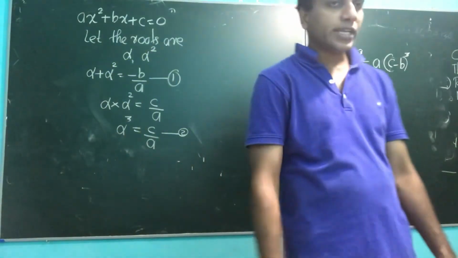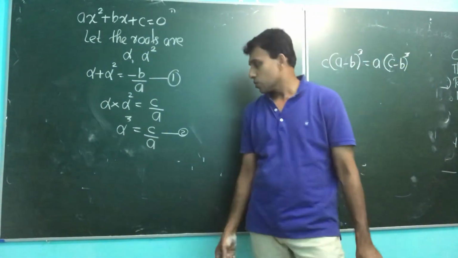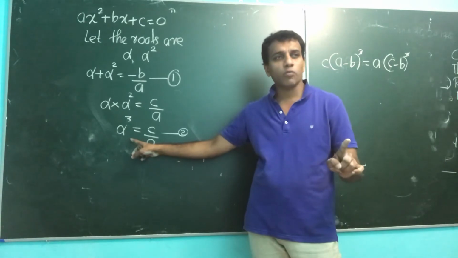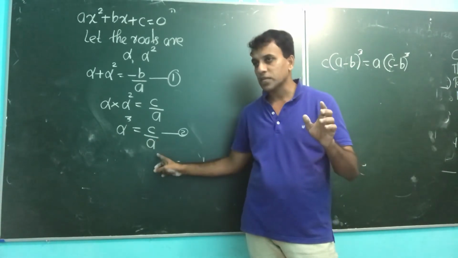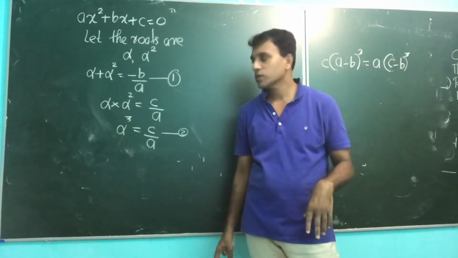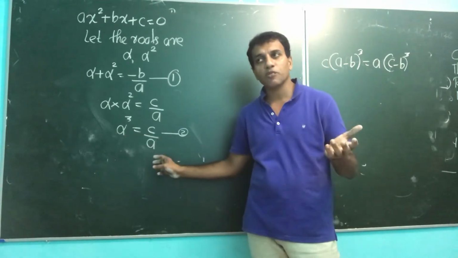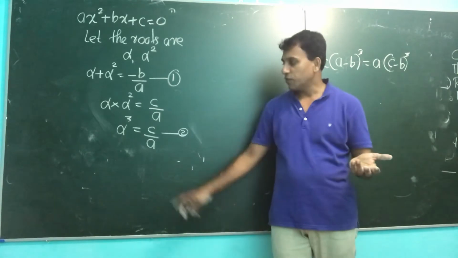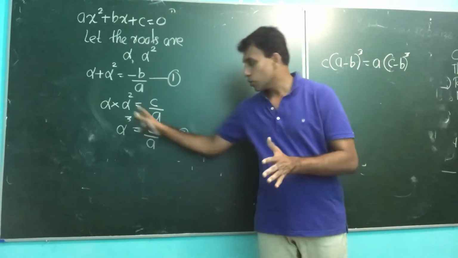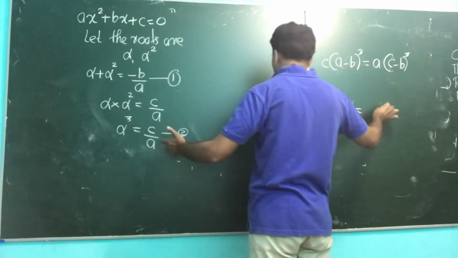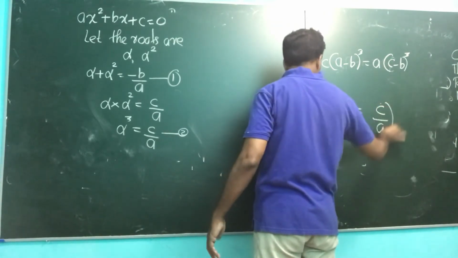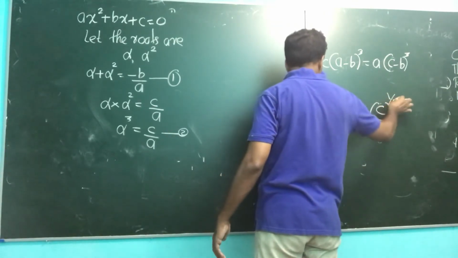Now by connecting both you can find it. So here see alpha cube, one problem we met earlier: alpha cube 27, therefore alpha is 3. Or alpha cube 125, alpha is 5. If it's power 3, you have the answer. So here alpha cube is that, alpha is c over a to the power 1/3, the cubic root.